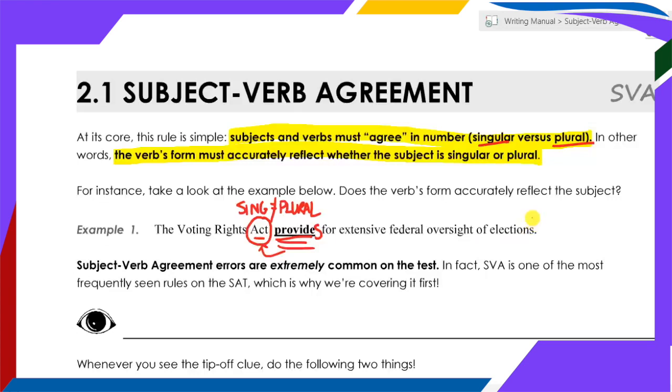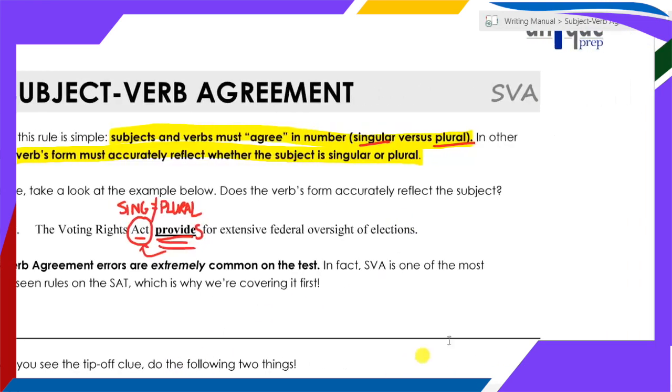Now before we move on, one thing that you might want to take note of, this does confuse some students in English when we go from singular to plural. In our nouns, we add an S to pluralize a singular noun. So in our nouns, we go from dog to dogs.